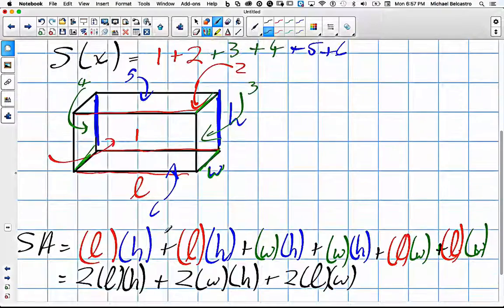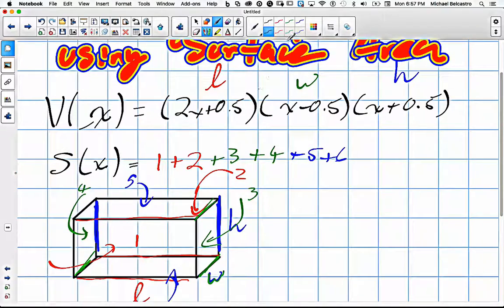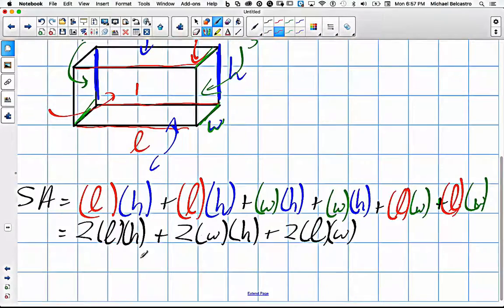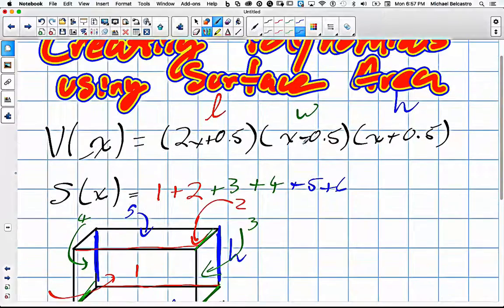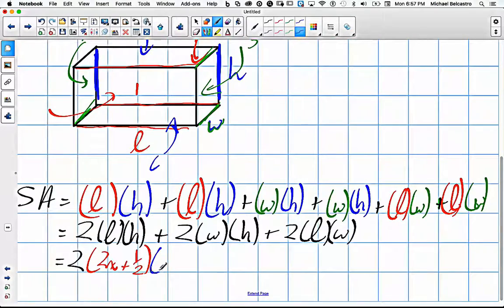Now I need to just get what my length is. My length here was 2x plus 0.5. So this will now read 2 times, so length is 2x plus a half. And our h was x plus a half. Okay, so I've now plugged the function values in for that part.